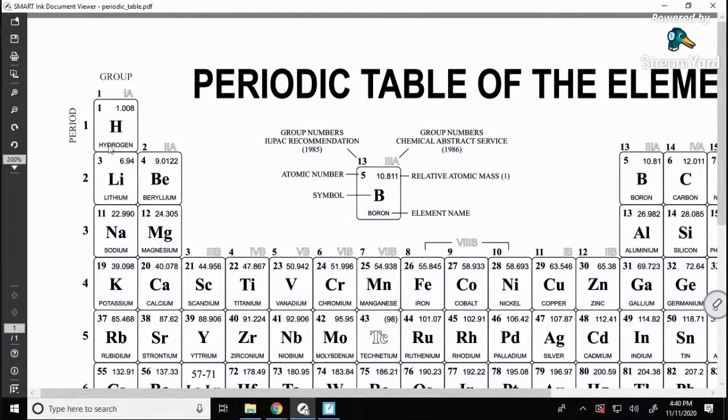So if I'm looking at hydrogen, the simplest element that we have, it has a relative atomic mass of 1.008. Well, if I'm talking about the mass of a single atom of hydrogen, then that's 1.008 AMUs, which again is not useful in lab. But what we can do is take an equivalent mass in terms of grams, and we can use that. So therefore, its gram atomic mass would be 1.008 grams, but that would be per mole.